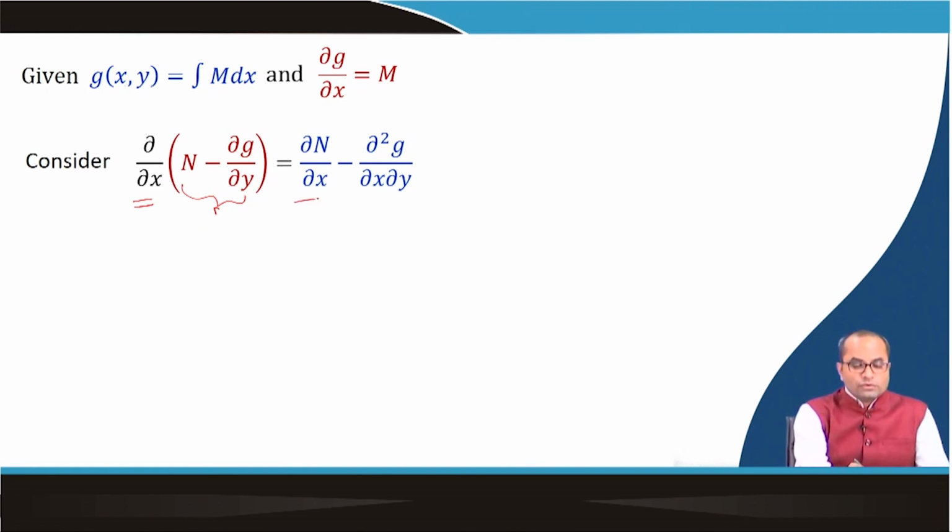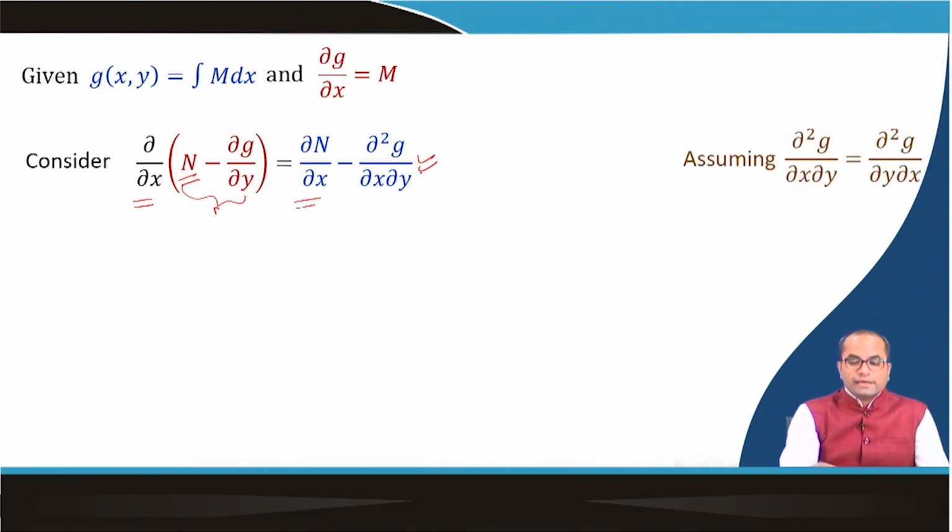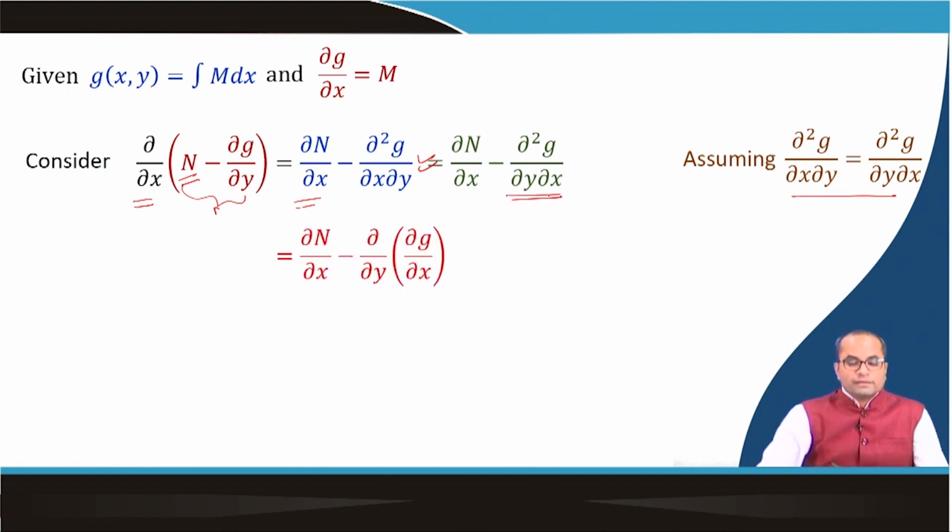So, del over del x of N minus del 2 g over del x del y, and assuming the continuity of these mixed order partial derivatives, we get del N over del x minus del 2 g over del y del x.